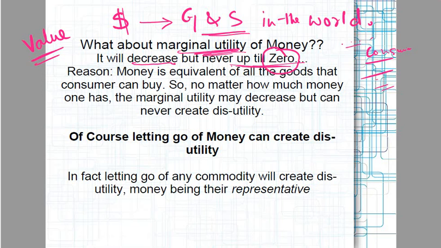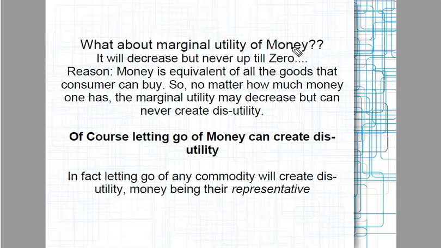Now there may come a point where you will not work as hard as you did before for an extra unit of money. Maybe you'll work as hard as you did before for a bigger unit of money, which sort of flouts our assumption that if you keep on consuming more and more of something, the utility of it will decline.